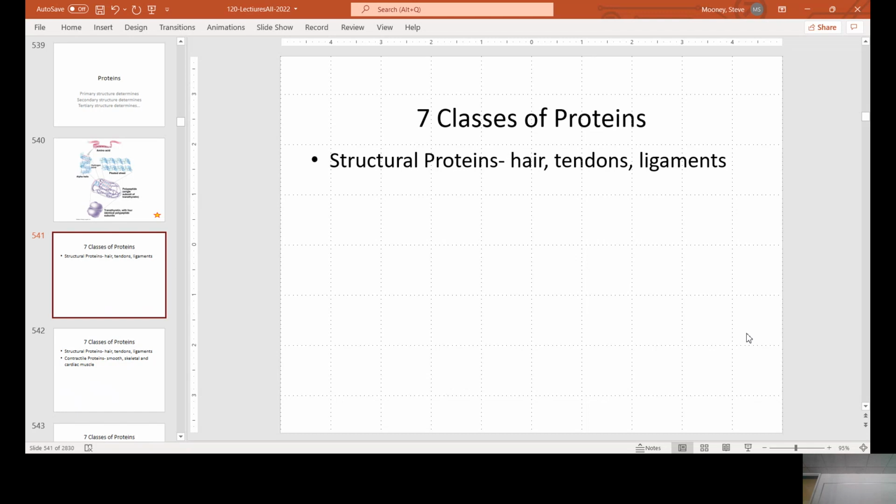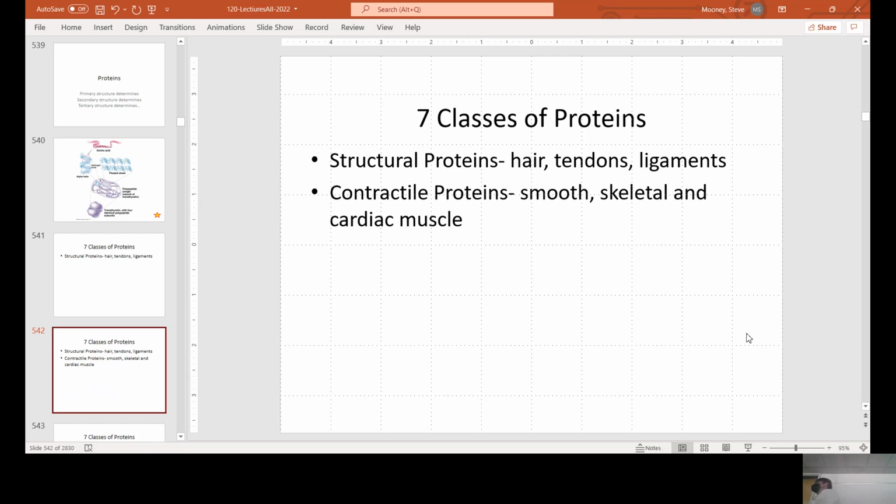We have structural proteins. These tend to be those fibrous proteins, hair, tendons, ligaments. So something that is a building block or a 3D structure holding things in place, or making something that's helpful at some point. 2, we're looking at contractile proteins, the things we specifically have in the muscle.